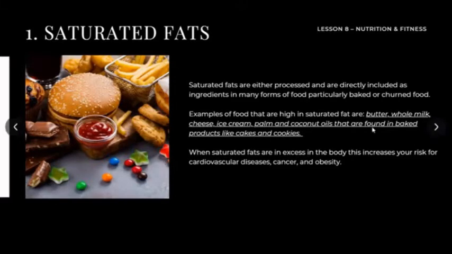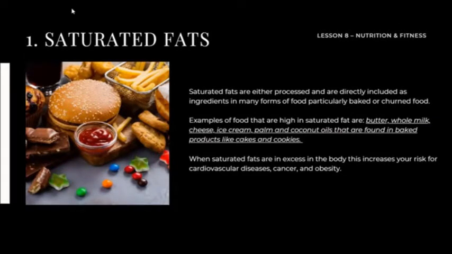Examples of food high in saturated fat are butter, whole milk, cheese, ice cream, and palm and coconut oils that are found in baked products like cakes and cookies. When saturated fats are in excess in your body, this increases your risk for cardiovascular diseases, cancer, and obesity.